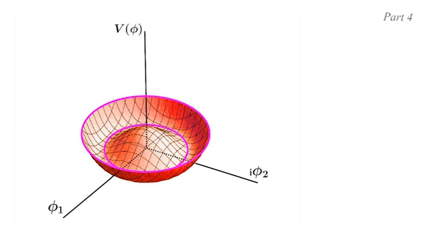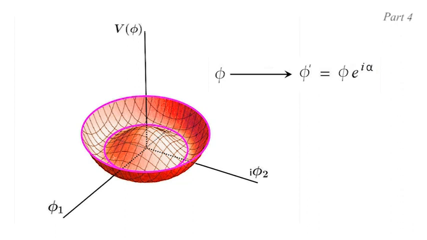Now this can be expressed mathematically by saying that the Lagrangian is invariant, or remains the same, if you modify the complex field by a phase transformation, giving it a constant phase shift of, say, alpha. So phi goes to phi dashed, which equals the old phi times e to the i alpha.